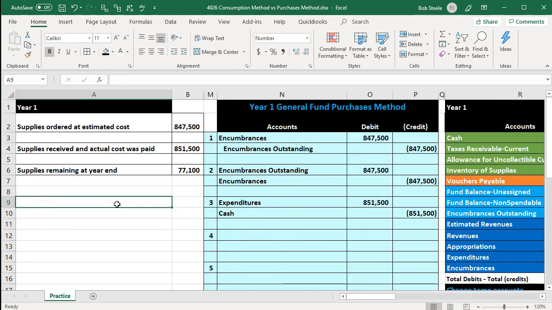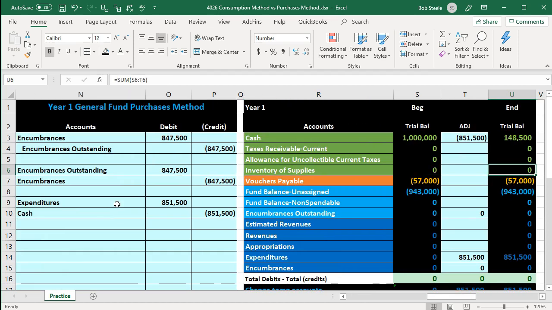Now when we go back over and say that the ending balance is 77,100, that's the physical count. Rather than us having to adjust the inventory like we normally would under a periodic system, we didn't record it to inventory. What we're going to do is just record the inventory. In other words, we'll record the inventory straight off here and then put the difference to the fund balance for the non-spendable fund balance.